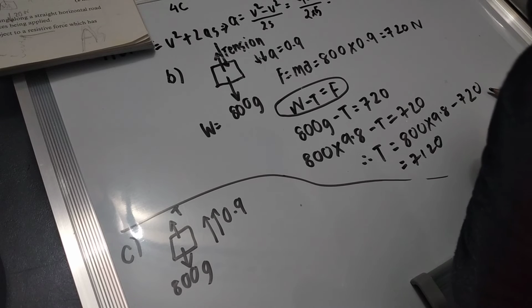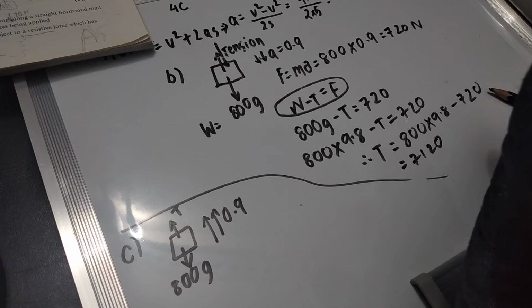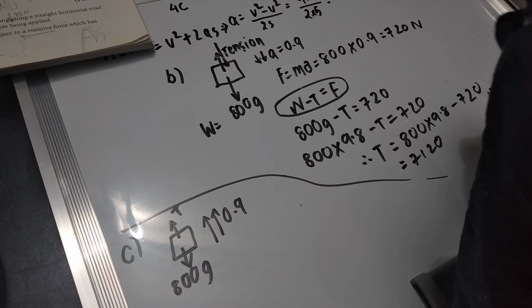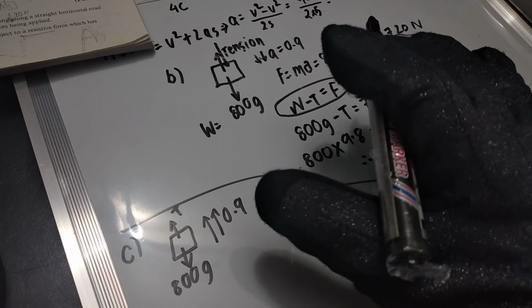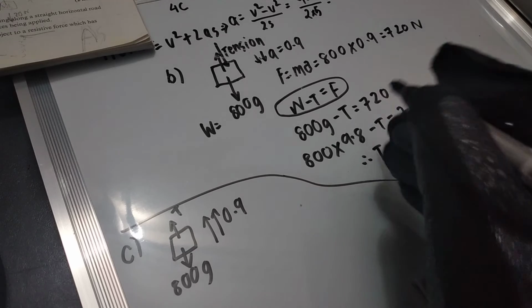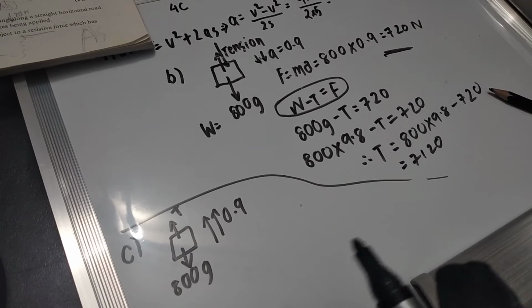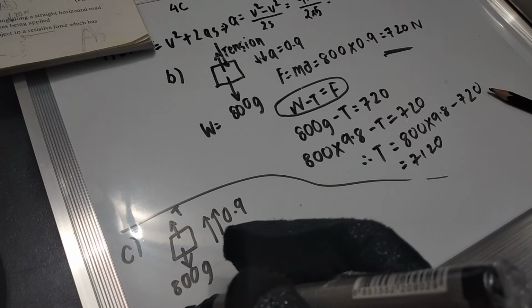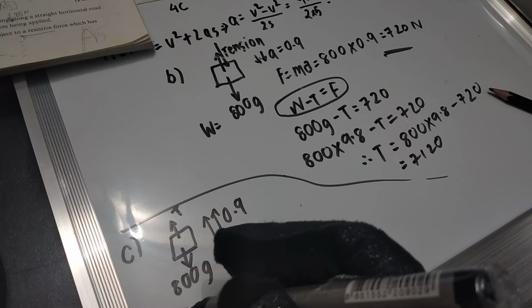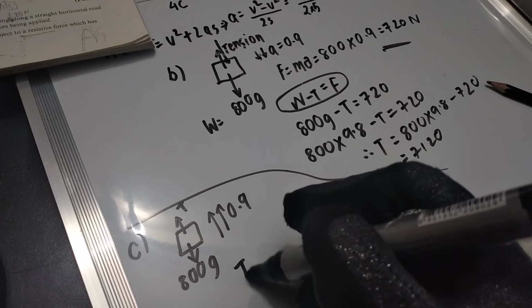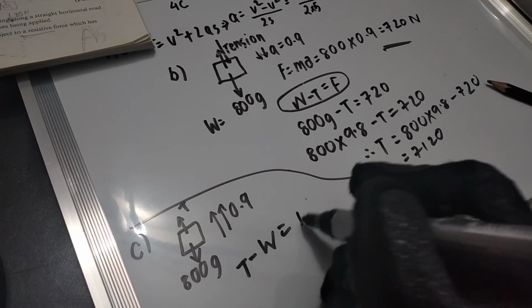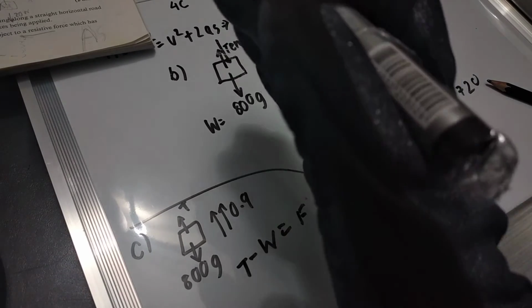Resultant force should be the same this time, right? Because the acceleration is same, the mass is same. So resultant force again, it's 720 newtons. Now we will subtract weight from the tension, which is tension minus weight equals the resultant force, because this is acting upwards.